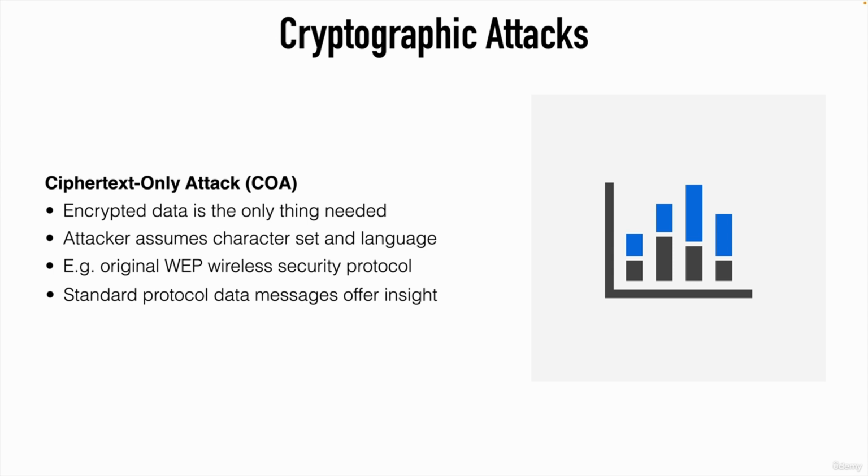One of the most successful methods for this is something called frequency analysis, where an attacker will analyze the ciphertext looking for popular letters that appear over and over and over.